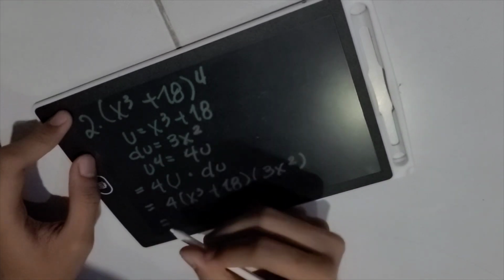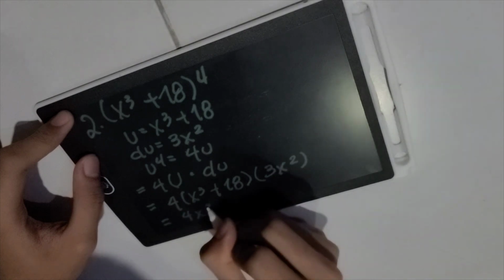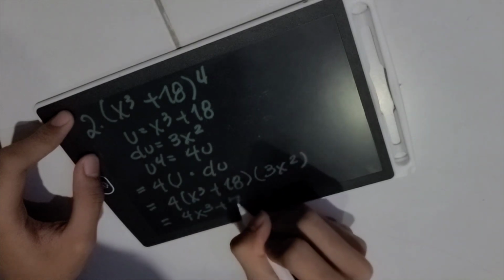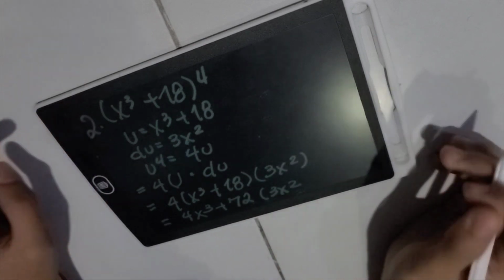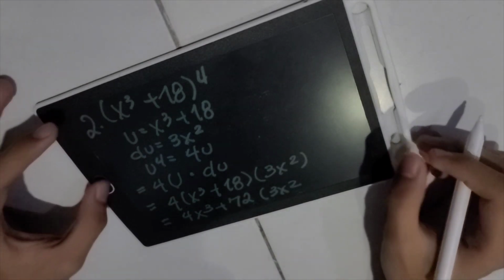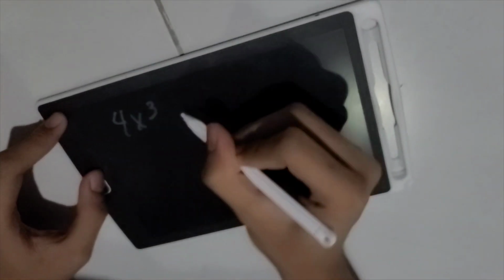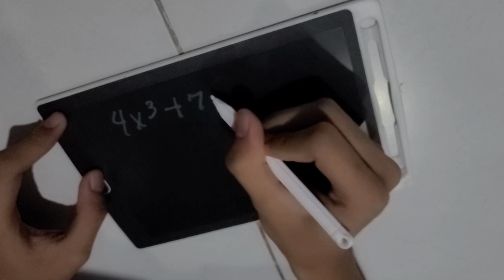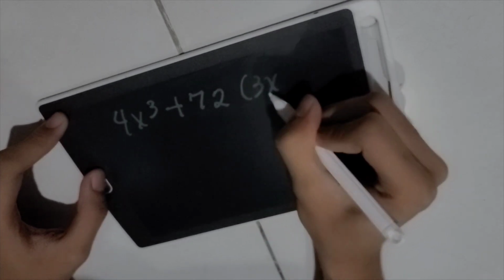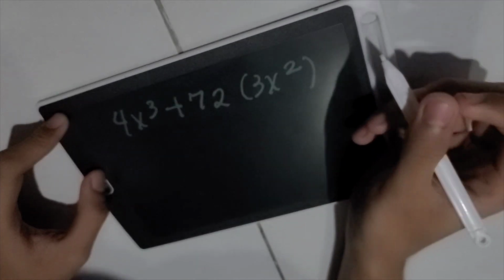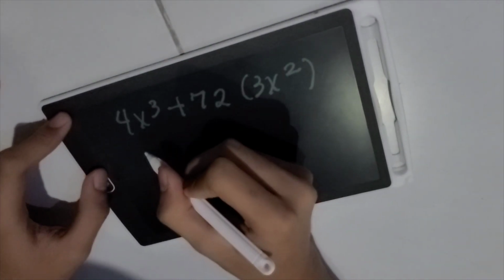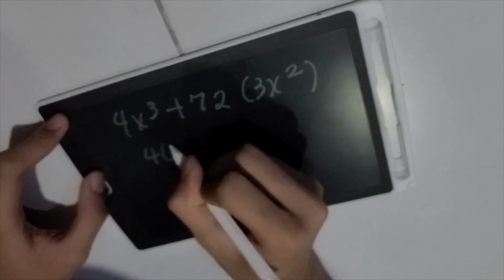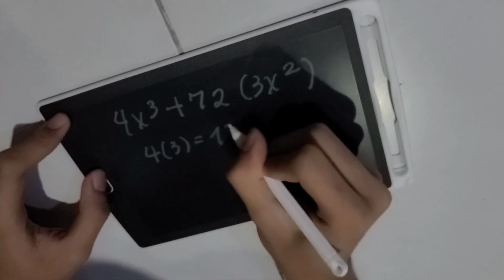So, pag times natin siya, 4x cubed plus 72 times 3x squared. So, kapag nakuha na natin yung 4x cubed plus 72 times 3x squared, multiply natin siya sa 3x squared. So, 4x cubed times 3x squared is 4 times 3 equals to 12.